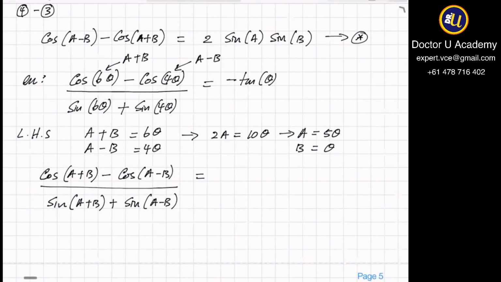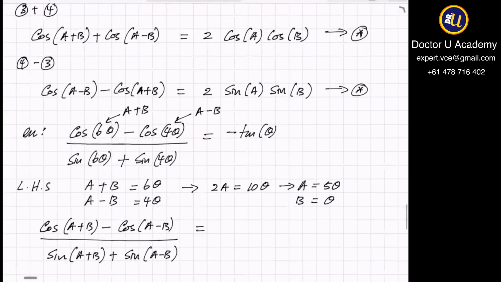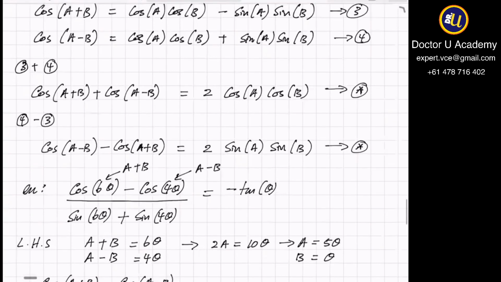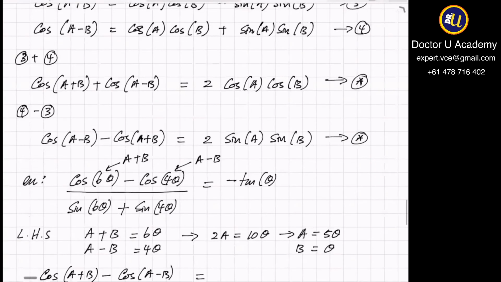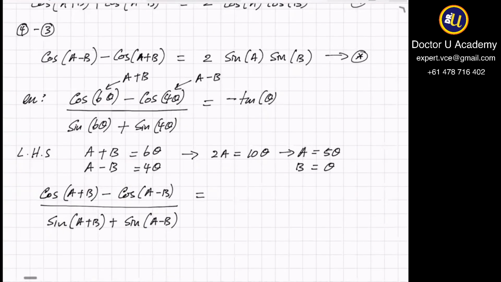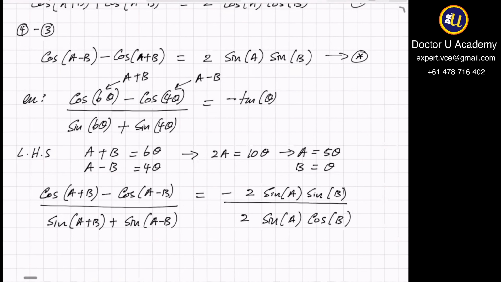The equation you can see on the board, cos(A-B) minus cos(A+B). So what you will have here is minus 2 sin A sin B. The denominator would be 2 sin A cos B. That I have proved already. This one I have proved before. So this is nothing but this over here.